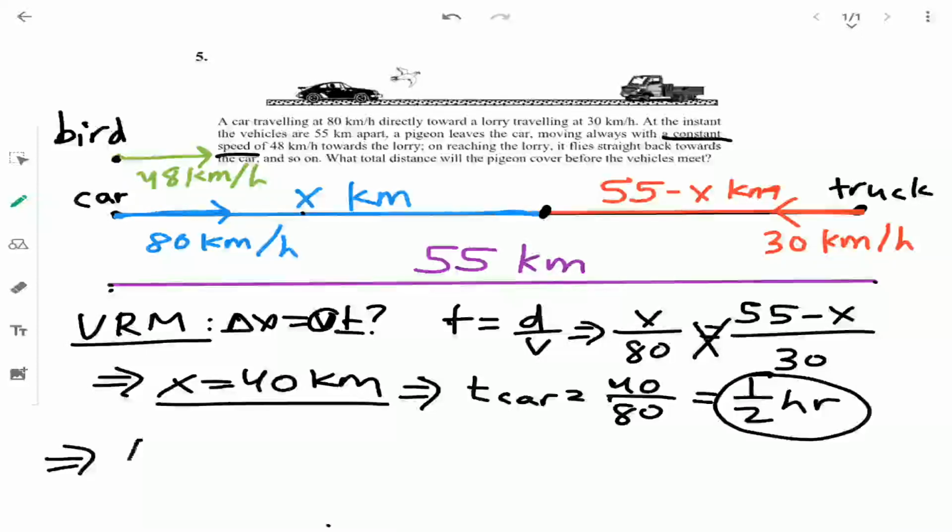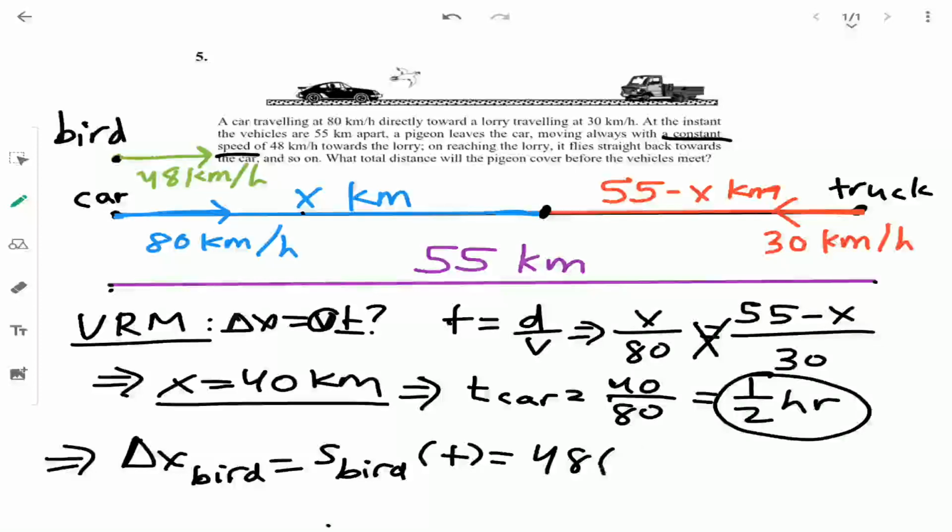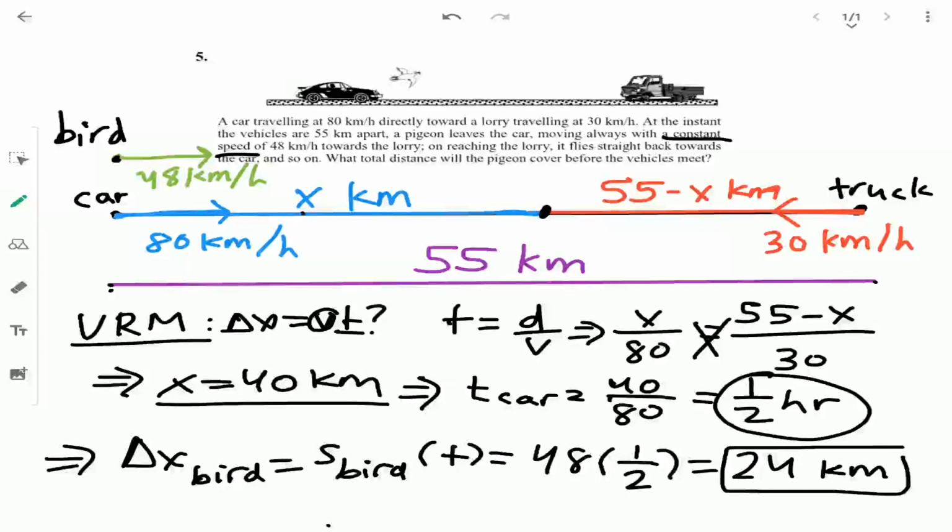So delta x bird is equal to the speed of the bird times the time. Now we have the speed, which is 48 kilometers per hour, and we have the time, half an hour. So this shows us that the bird travels for 24 kilometers when the car and the truck meet.